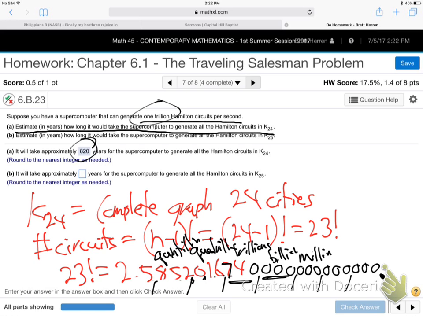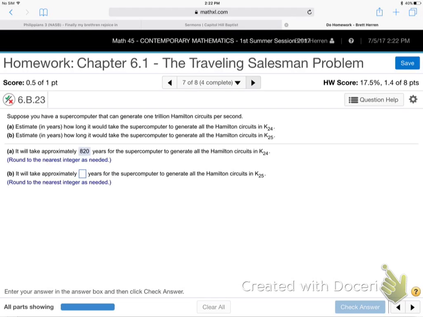Are we ready? You guys have your calculator? So let's do that. How do we come up with that? Because you're going to have to come up with that. K24 again is 23 factorial, right? Take 1 away. We got that gigantic number on your calculator. Take that, and here's what you do to find out.